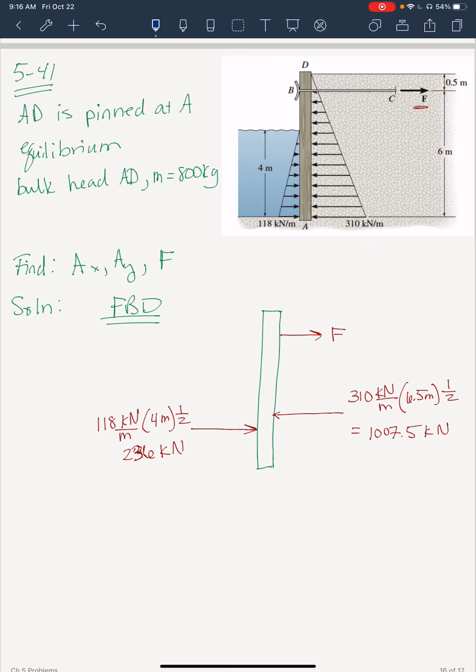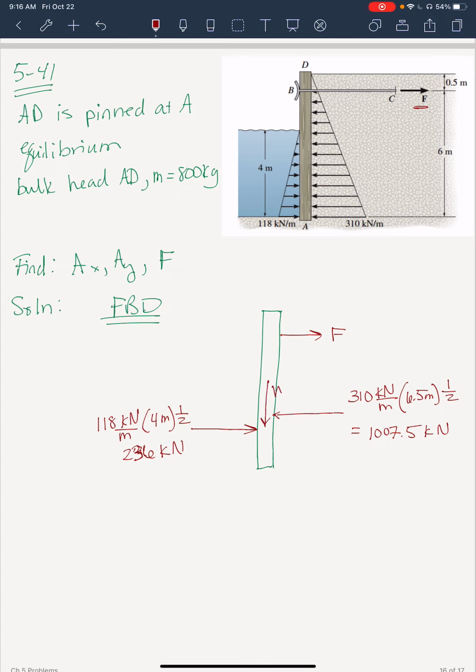The last force that we have is the weight of AD. They told us the mass, which we can use to figure out the weight. If they don't tell us anything, typically we just assume that the weight of the beam is negligible. But this one, they tell us that it's 800 kilograms, and that will act at the center of it.